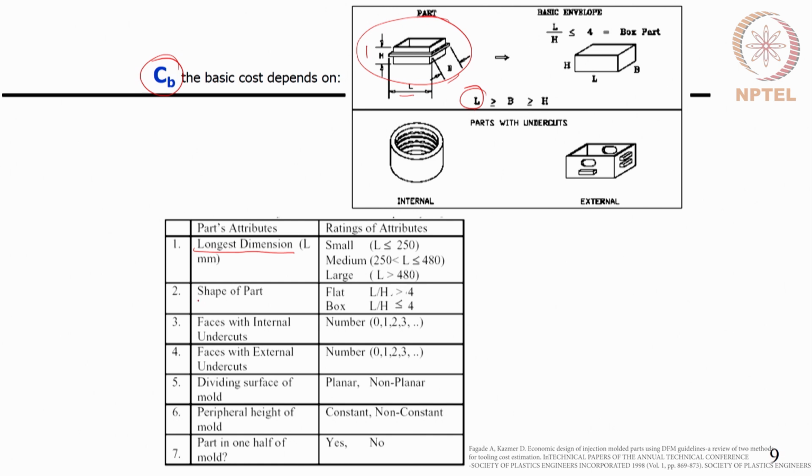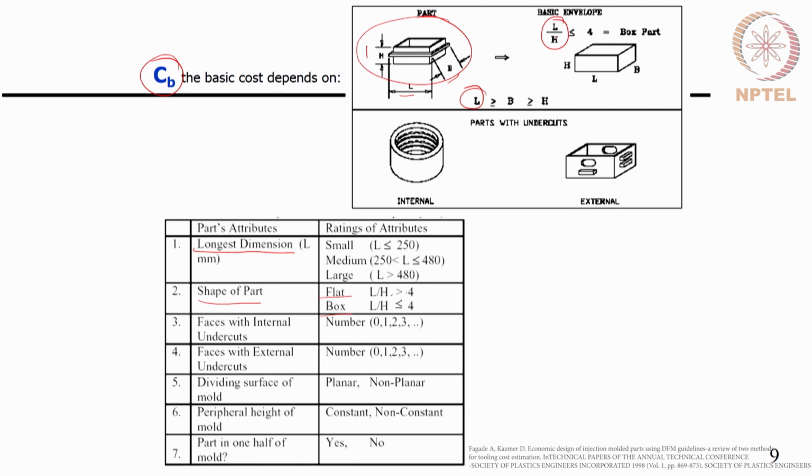The next attribute that we need to infer is whether the part is flat or a box part. That is computed by looking at the aspect ratio of the basic envelope.